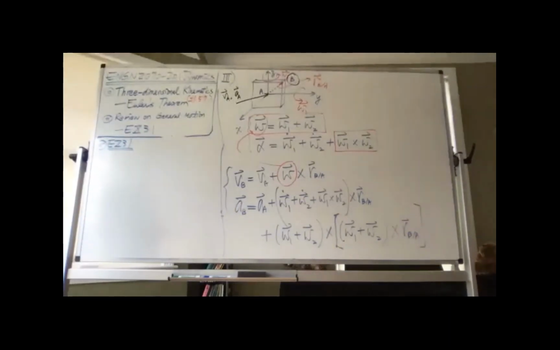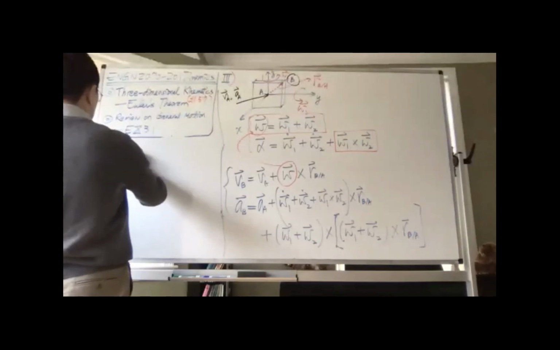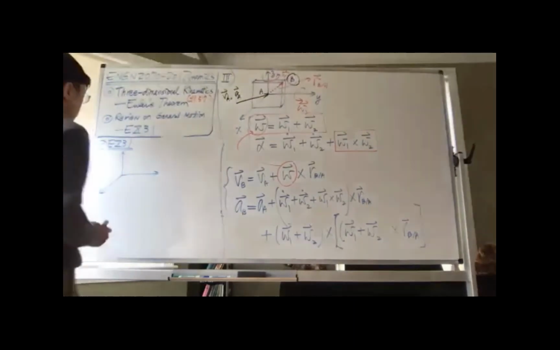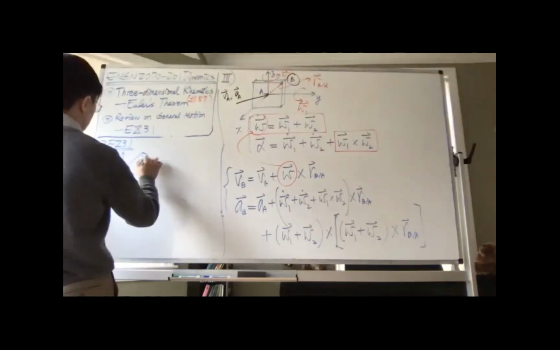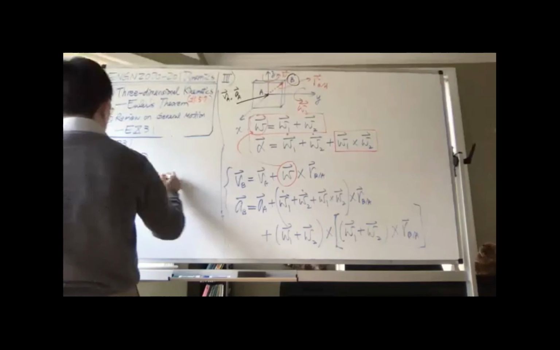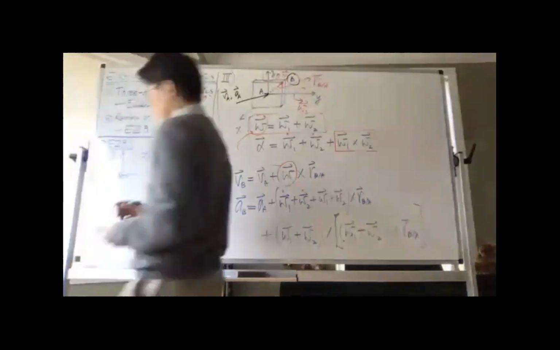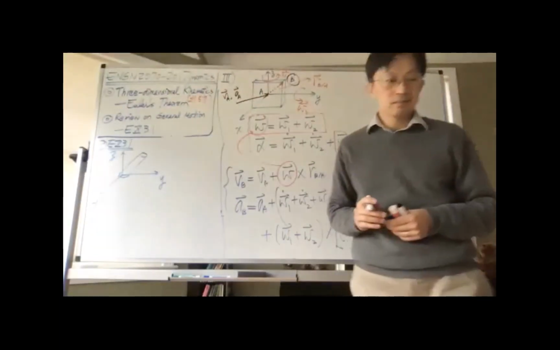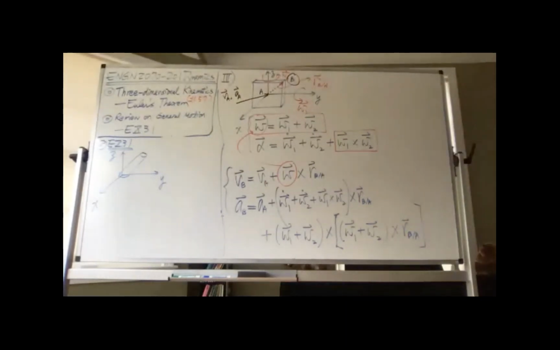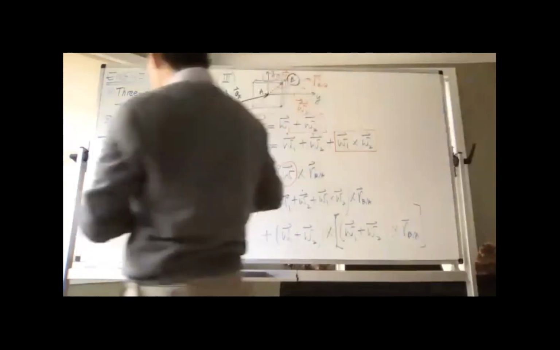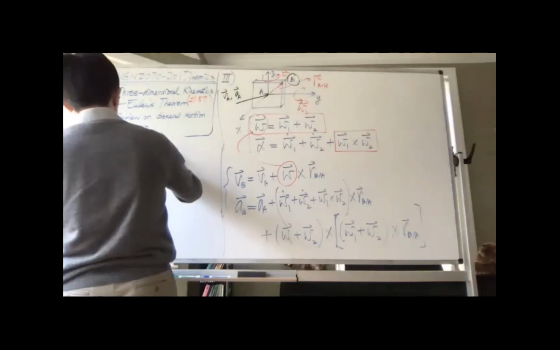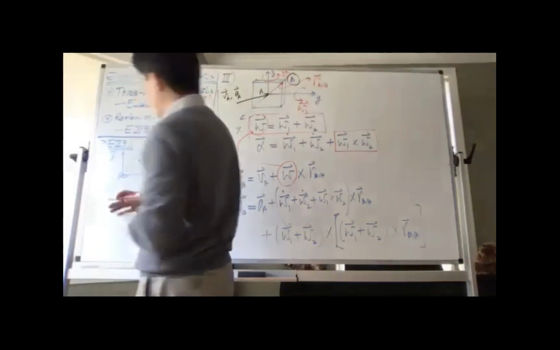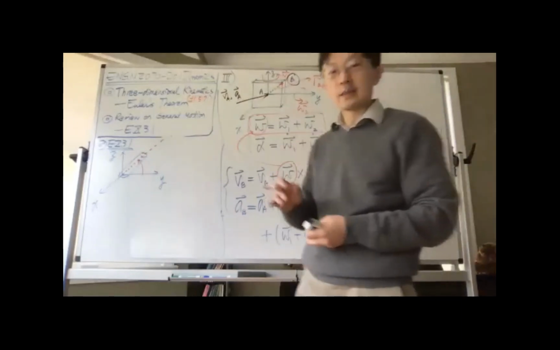In example 31, we consider an object. Suppose you can call this a bar like this on the XYZ coordinate system. Now, get the information right. Suppose this bar is aligned at 45 degrees on the YZ plane.